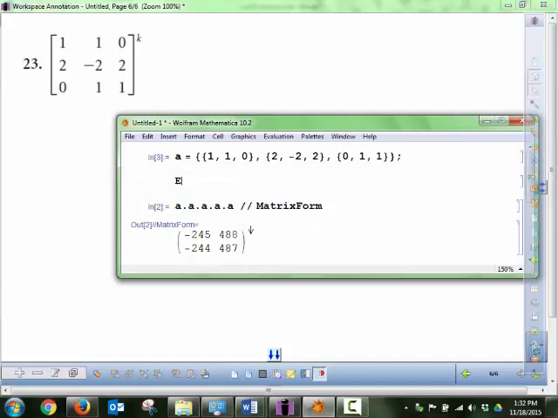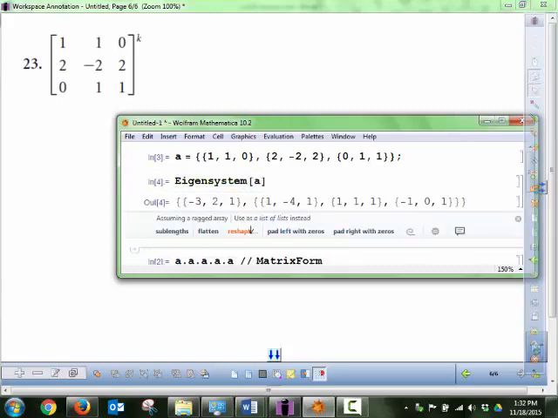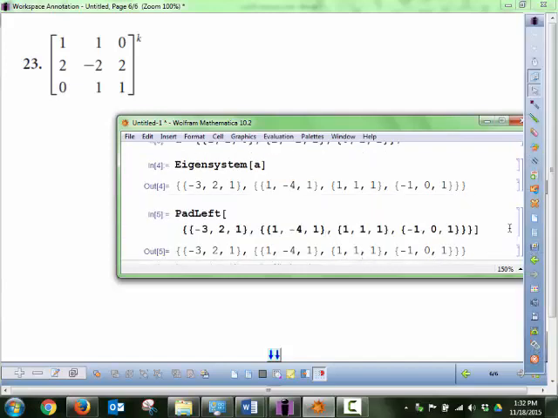We want the Eigensystem. The Eigensystem allows me to get the eigenvalues and the eigenvectors all together. And so here are my eigenvalues: negative 3, 2, 1. And for each of these, the corresponding first, second, and third slots are going to be the eigenvectors. So let me just copy that.